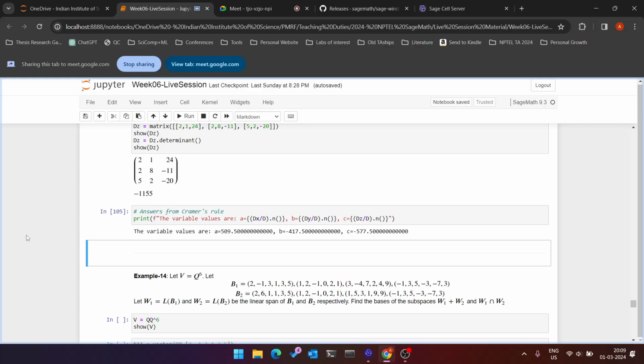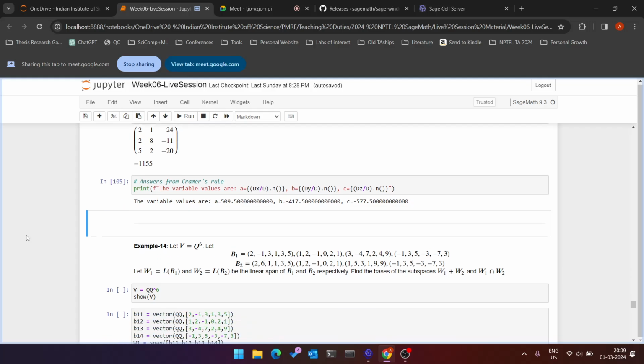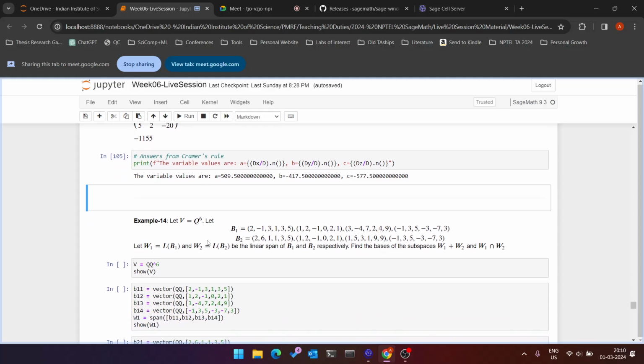Okay, the final set of problems that we have are on vector spaces, the final part of the week. In this example, we are given that the vector space V is equal to Q6, which is basically a six-dimensional vector made out of rational numbers, and we have been given two sets of vectors, b1 and b2 respectively.